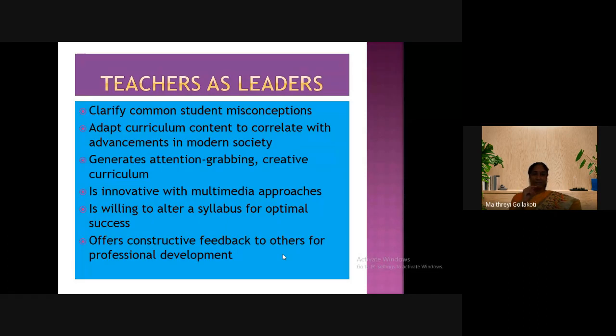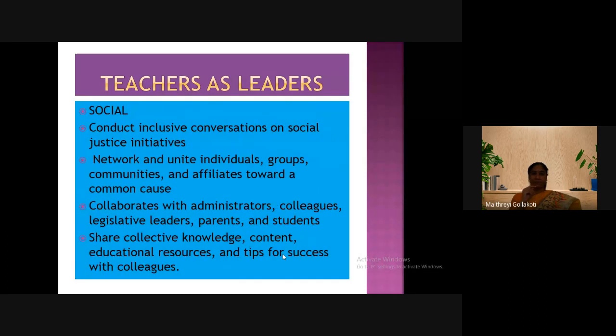Okay, next. Yeah. The teacher also has a social responsibility, not just educational, social also. Now, what are they? Conduct inclusive conversations on social justice initiatives. We need not go into politics, but definitely we can discuss issues which are related to social and justice situations.